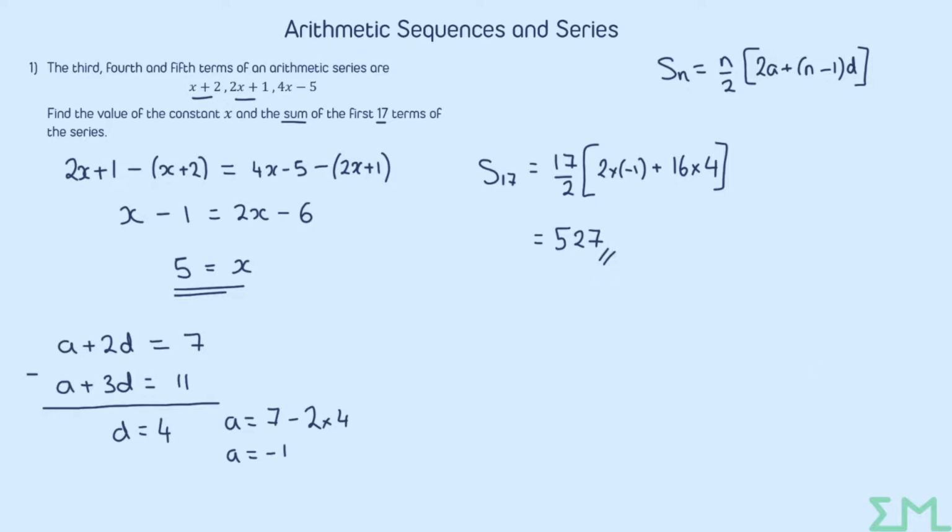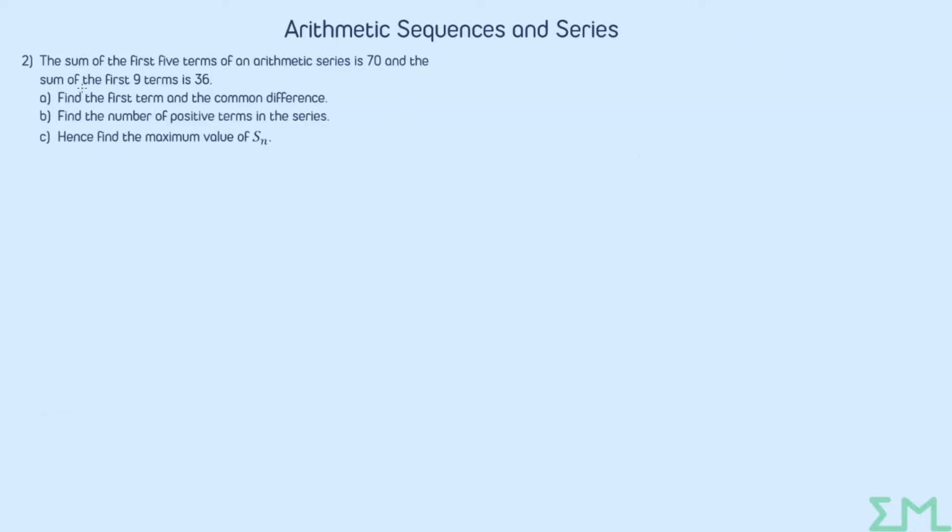Question 1 done. Okay, question 2. So we've got the sum of the first 5 terms is 70, and the sum of the first 9 terms is 36. So we've got S5 is 70 and S9 is 36.